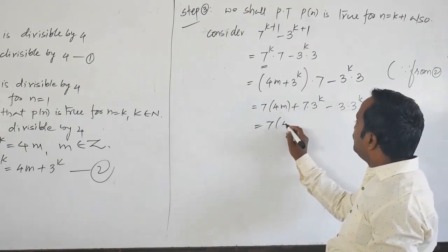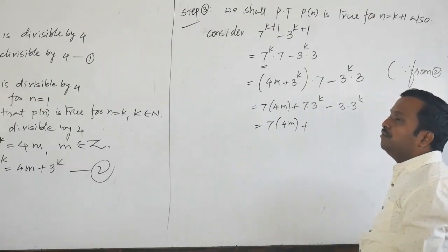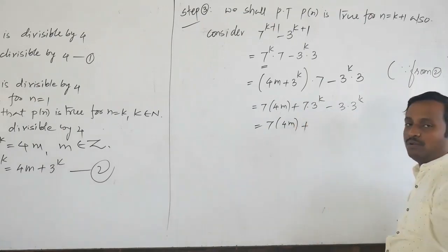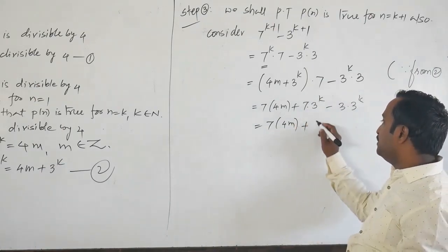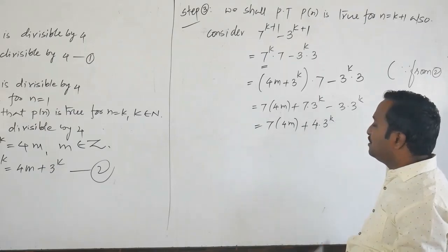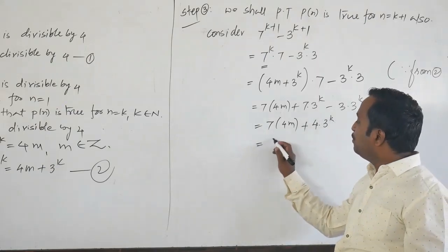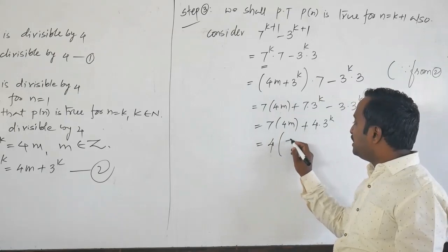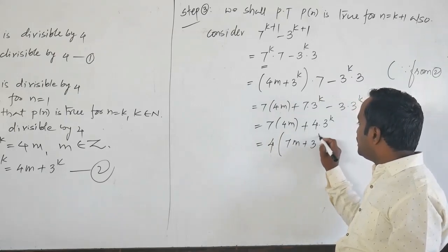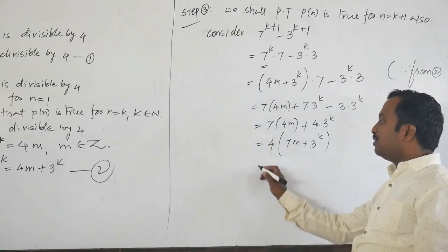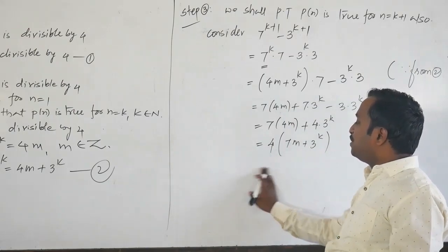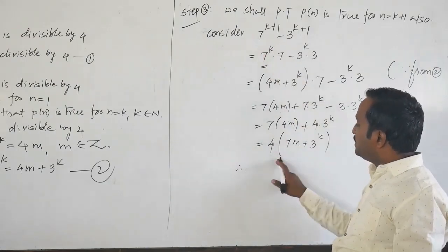7 into 4m, and 3 raised to k: 7 minus 3 is 4, so 4 into 3 raised to k. So what is common in these two? 4 is common. So what is left? 7m plus 3 raised to k is left. So 4 into some number. Therefore, what is your conclusion? This is divisible by 4.